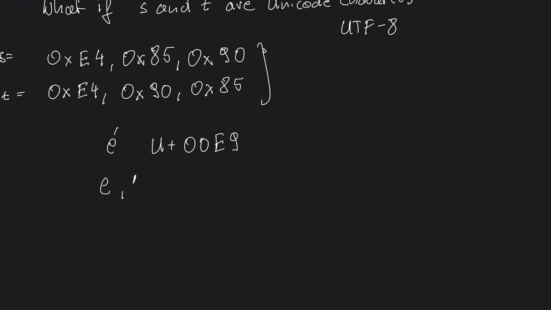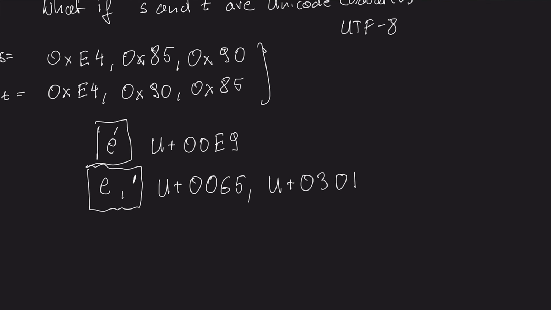So there is an E and there is an accent after the E, and this is encoded using 2 code points, U+0065 and U+0301.